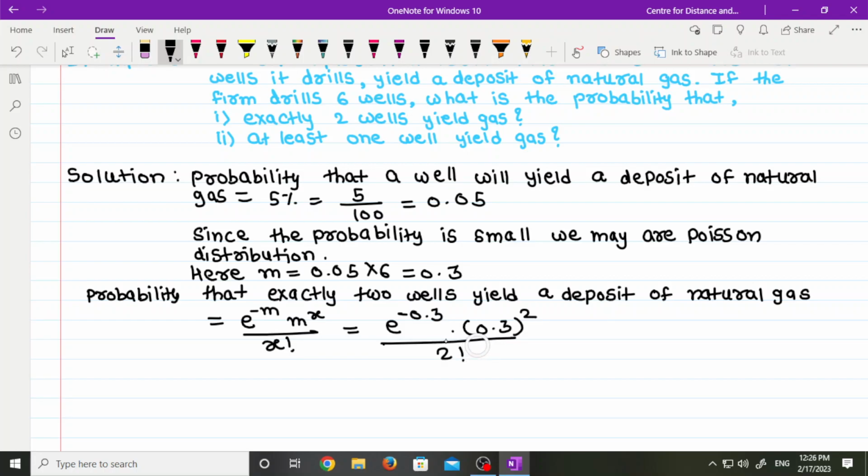Okay. Which is equal to e raised to minus 0.3 into 0.09 divided by 2 factorial, that is 2.